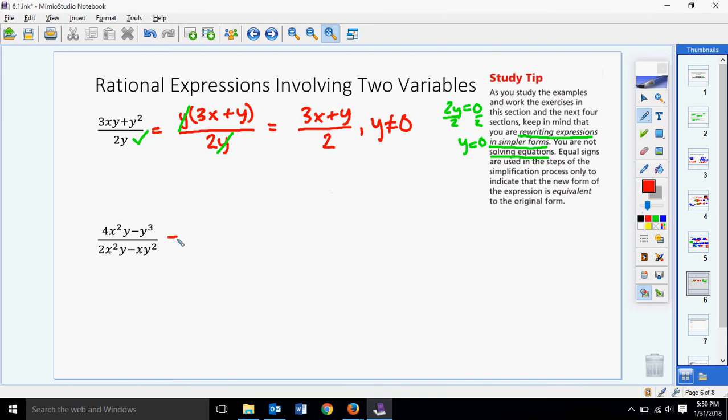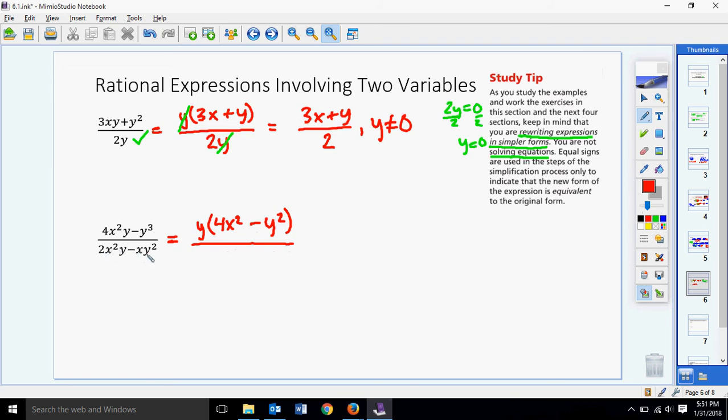On the bottom one, I'm going to factor out what they have in common in the numerator. So I see a 4 in this first grouping, but not in the second. I see an x squared, but I don't see an x in the second. And a y is in both. So I'm going to factor out a y. And I'd be left with 4x squared minus y squared.